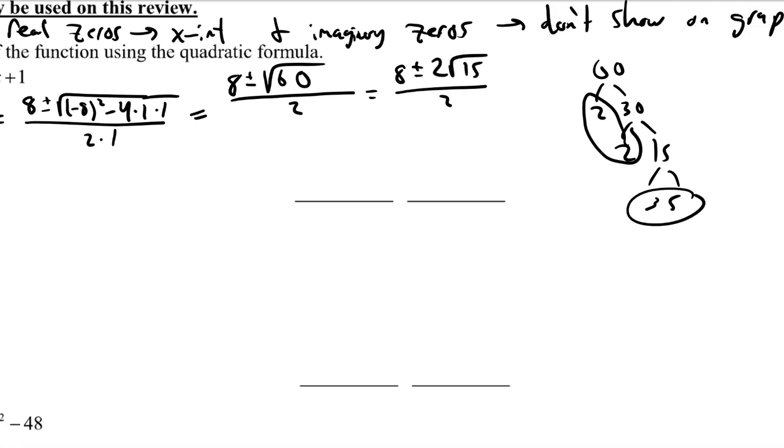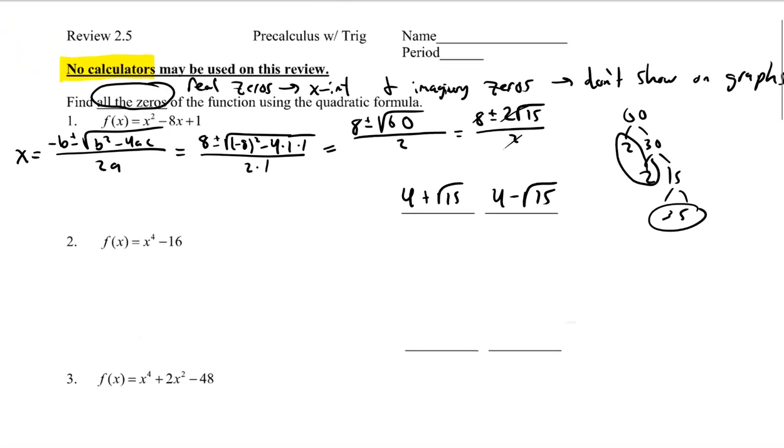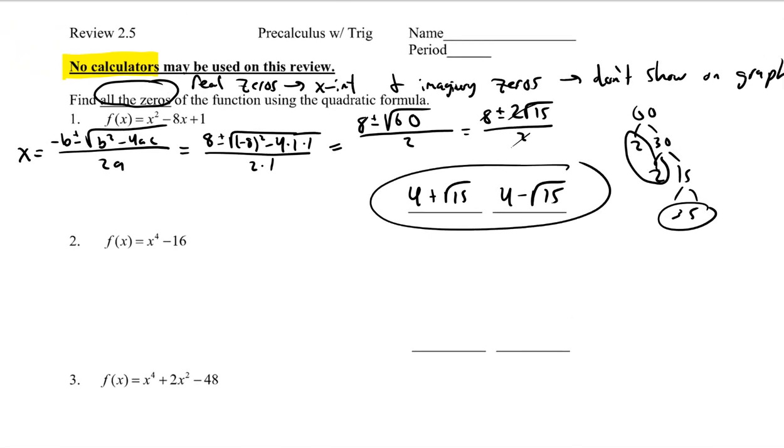There's a 3 and a 5 left behind. And then finally, because this and this all evenly divide by 2, we should do that. And so then there would be our 2 zeros.